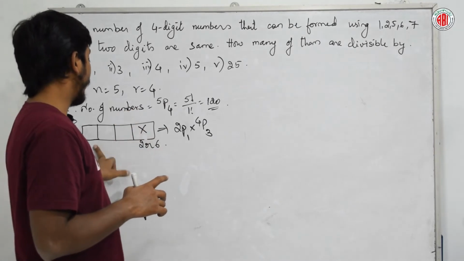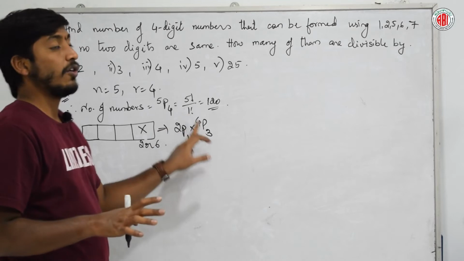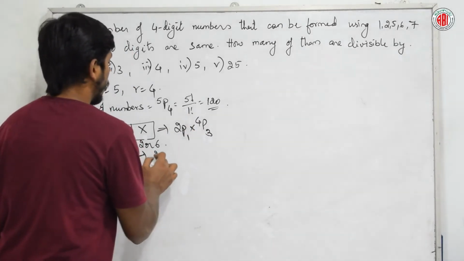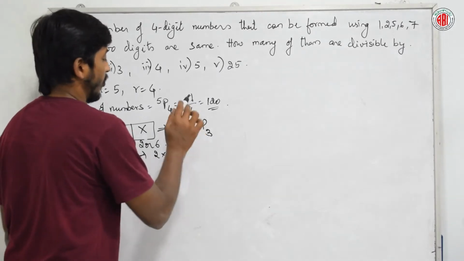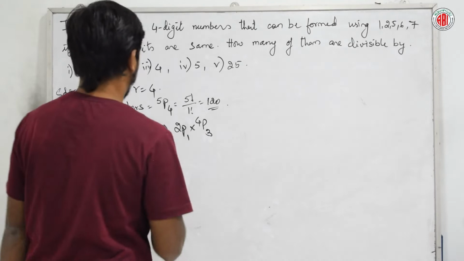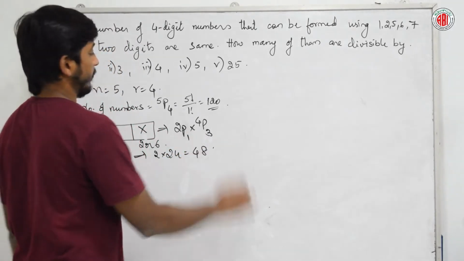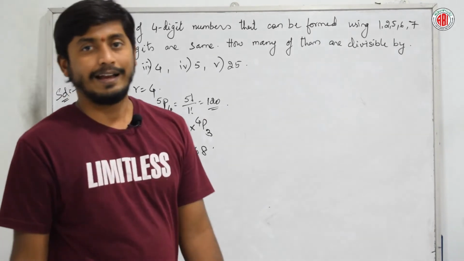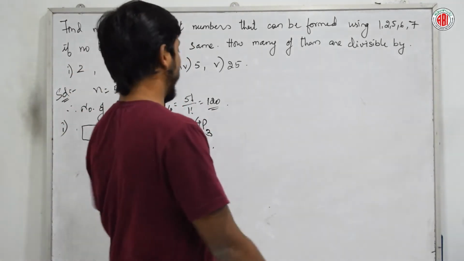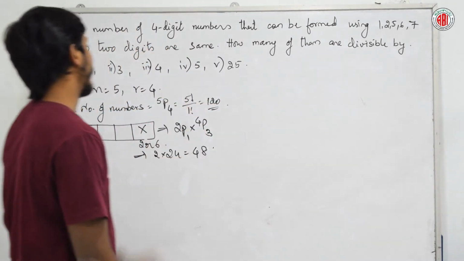After removing this, we will have 3 more places and 4 objects. That will be 4P3. So 2 into 4P3 is 4 factorial by 1 factorial, which is 4 3s are 12, 12 2s are 24. So obviously the answer will be 48. Clear? Unless you have heavy practice, you can't do this fast. Fine. Look at the next question.